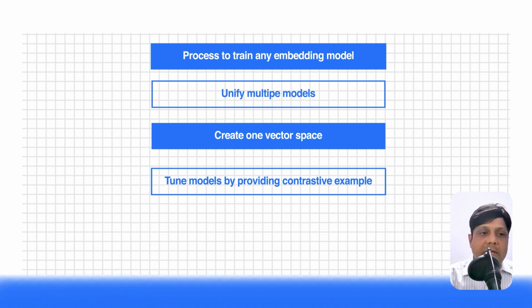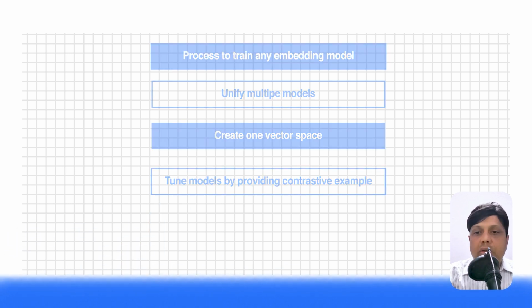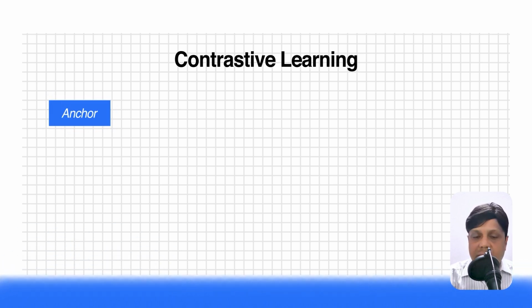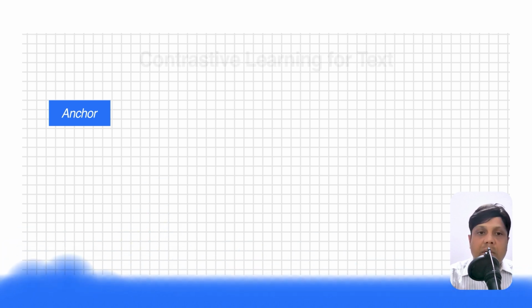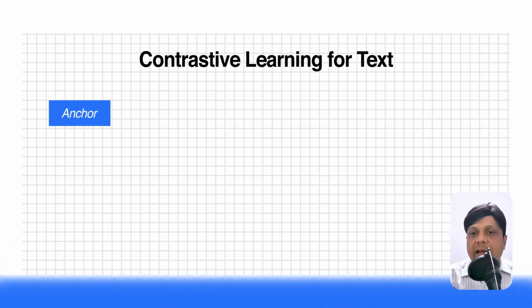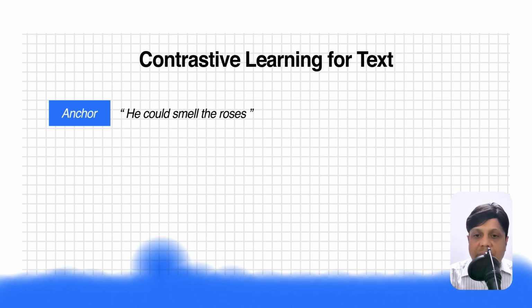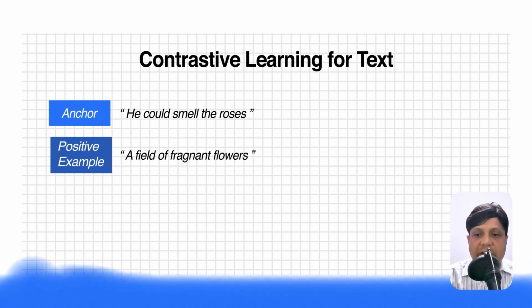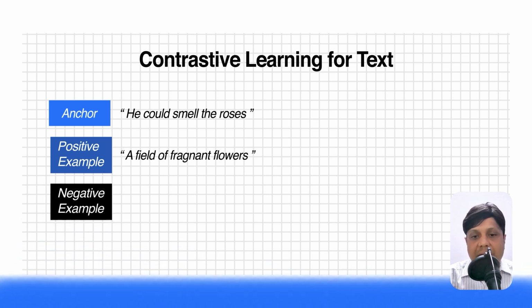So let's understand how we do this. In contrastive learning, we have an anchor. If we are doing contrastive learning for text, we have an anchor that says "He could smell the roses." For that anchor, we have a positive example that says "A field of fragrant flowers." And then we have a negative example: "The lion rode majestically."